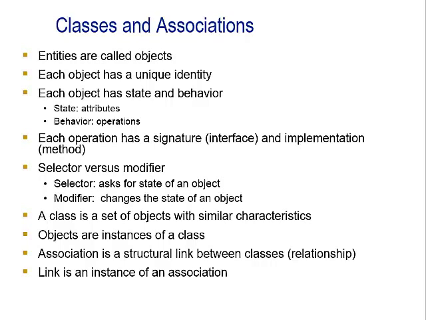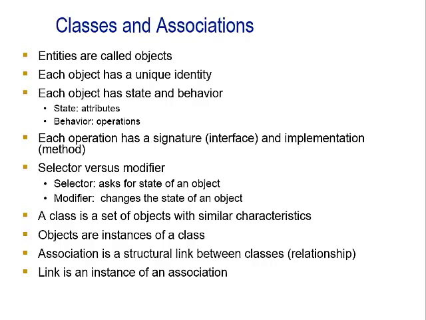Getters and setters, or selectors and modifiers, are two very important standard routines which are always included in object-oriented system design. A class is then a set of objects with similar characteristics. So you can think of a class student, which is a set of student objects, obviously with similar characteristics. Objects are instances of a class, just as entities are instances of an entity type.